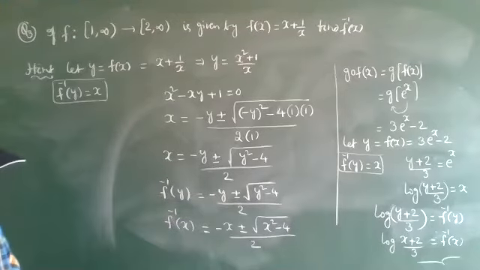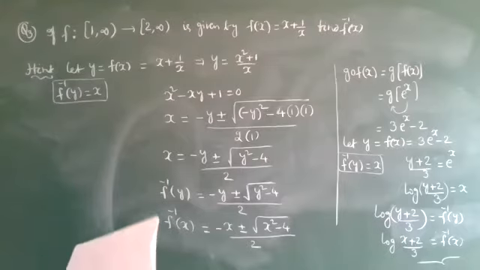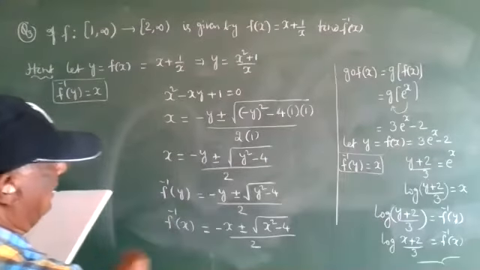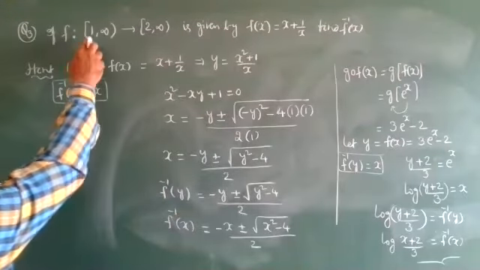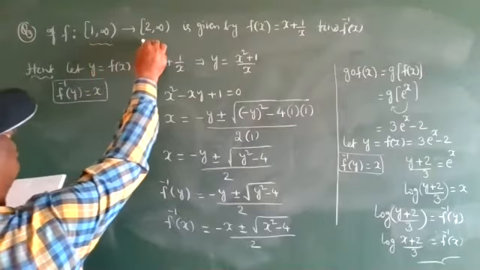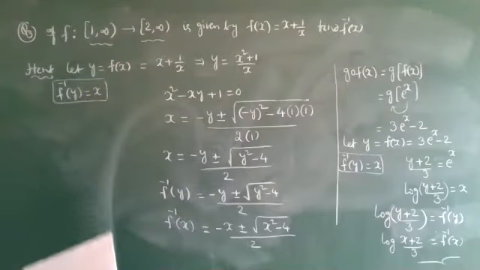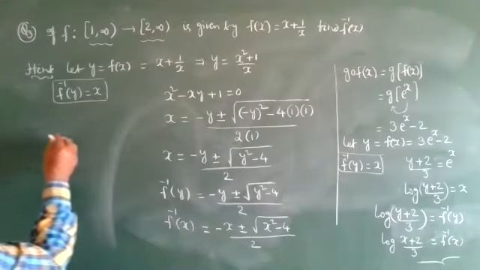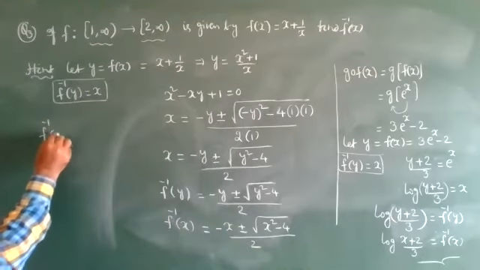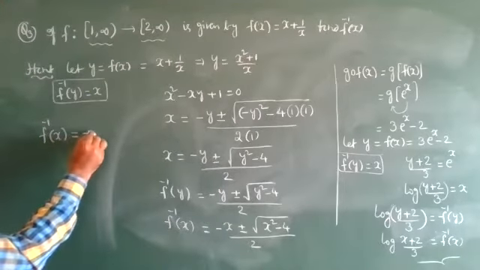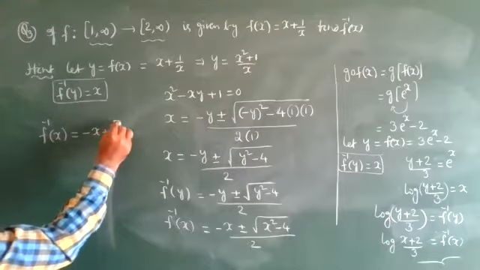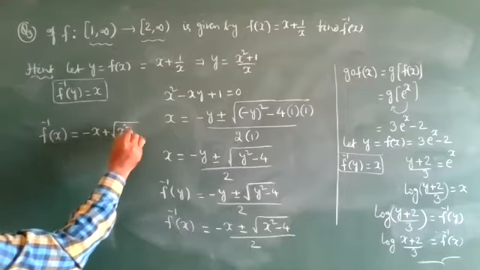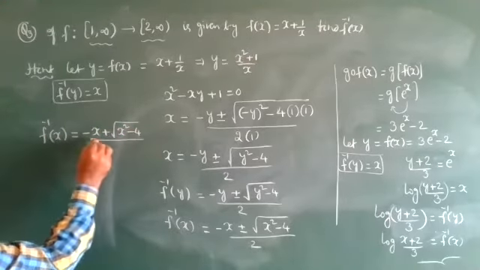What is the textbook problem? Right, everyone see. Here, the correct answer is the plus because the domain is positive, codomain also positive. Therefore, only positive we can take. F inverse x is equal to, correct answer right now, minus x plus root over x square minus 4 by 2.